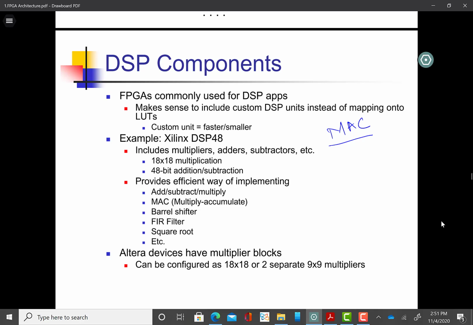So you have small DSP processors on your FPGAs, and these can implement a lot of DSP operations. For example, MACs, FIR filters, square root or different mathematical operations very efficiently.